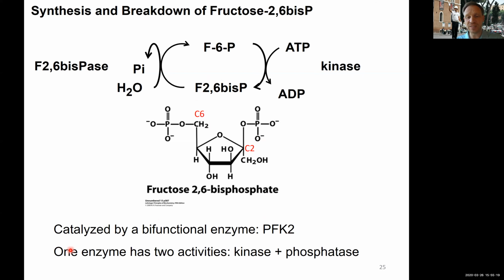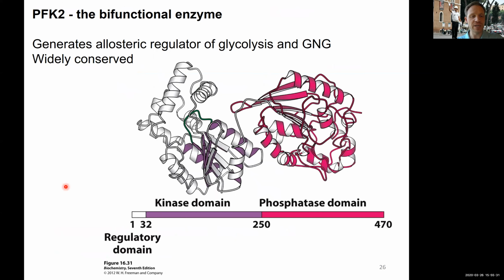It's a bifunctional enzyme. What that actually means is it has two activities. It actually has two domains, one being a kinase domain and one being a phosphatase domain. So you can see this actually here. So I just illustrate what this enzyme actually looks like. So it's an enzyme here where essentially you have two enzymes that got fused to each other.